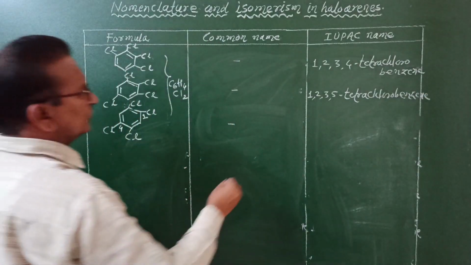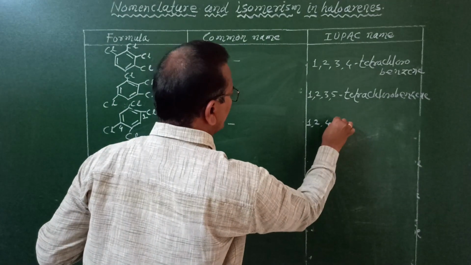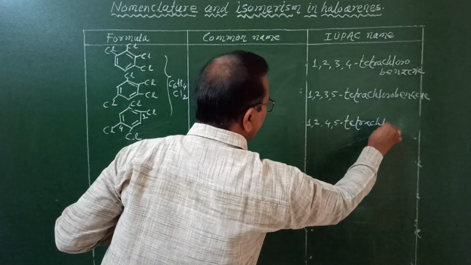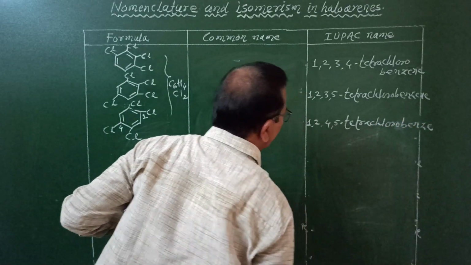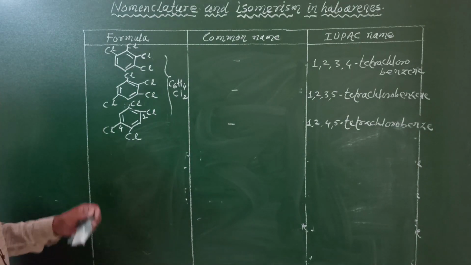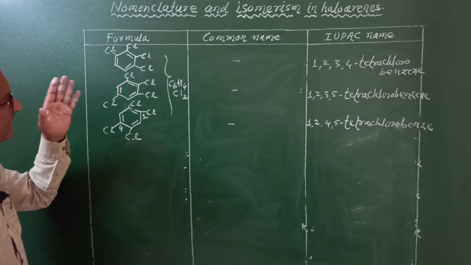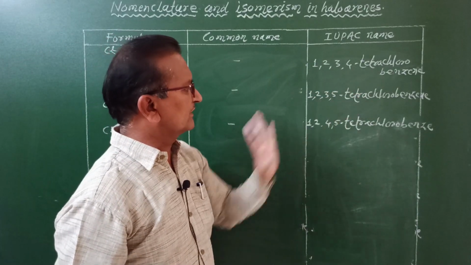Next one is 1,2,4,5-tetrachlorobenzene. So these are the IUPAC names of tetrachlorobenzene. Very simple. Positions of chlorine atoms on the benzene ring should be denoted by proper numbers or proper locants.